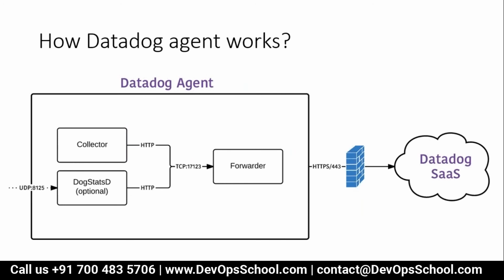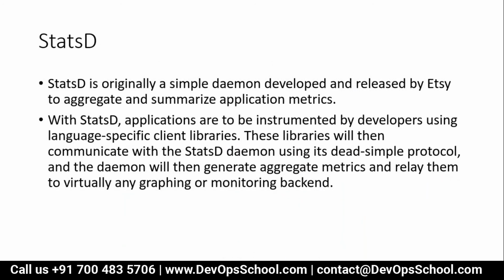You need to know what StatsD is, so you will come to know DogStatsD. StatsD originally is a simple daemon developed and released by Etsy, one of the community organizations, to aggregate and summarize application metrics. It was developed and became open source, but it was developed and released by Etsy.